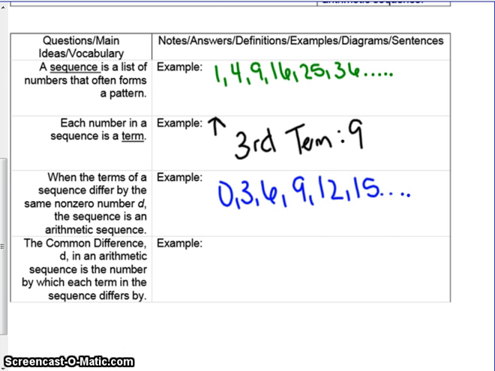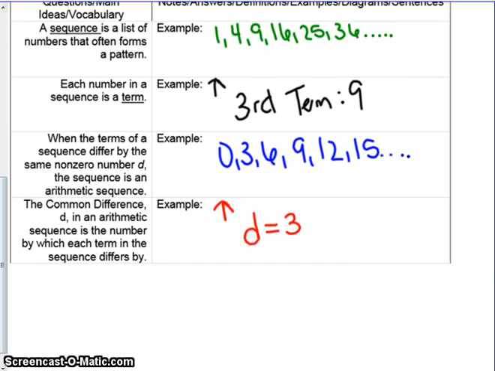The common difference is the number that it's differing by. Referencing the above sequence, my common difference, or d, which is the variable used for this, would be plus 3. Now if it's decreasing by a number each time, you would have to put a negative number there, like a negative 3 if it were going down by 3 each time.